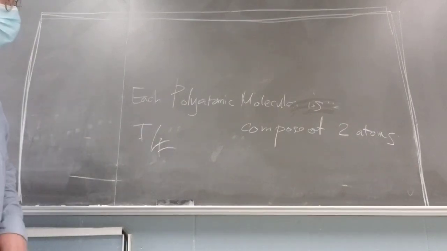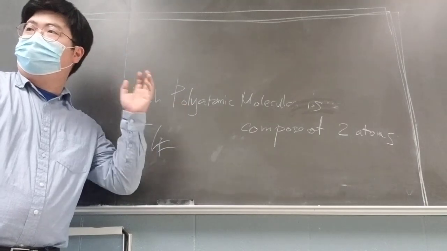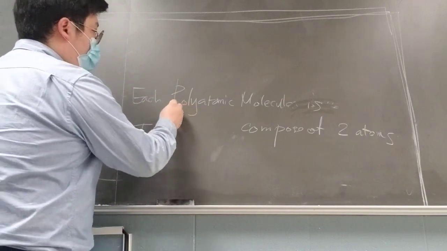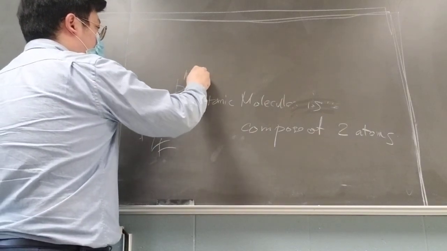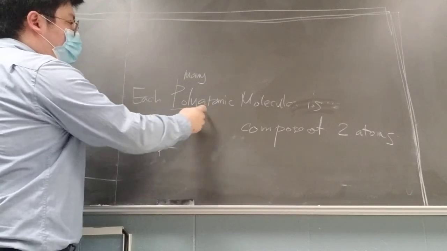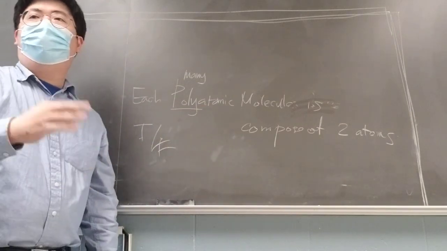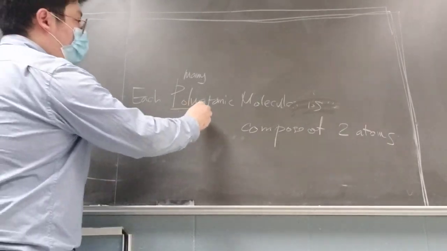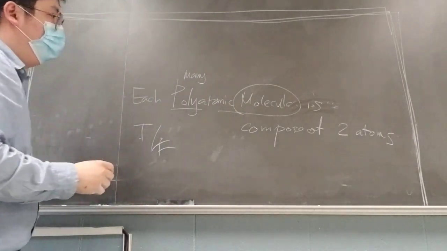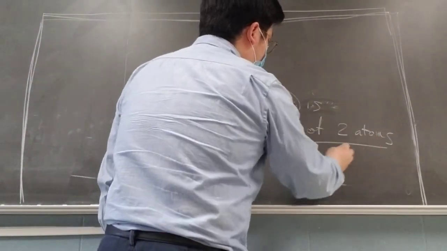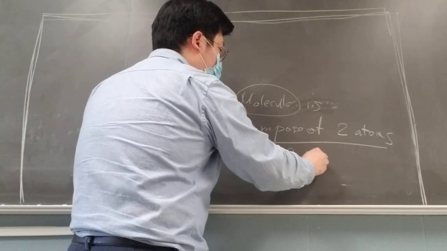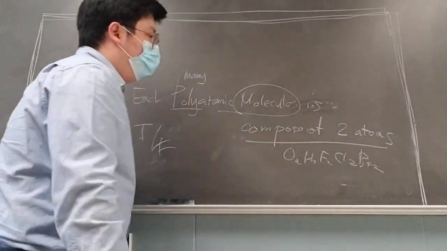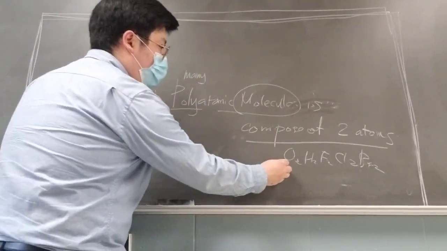Do you guys remember polyatomic anion we discussed in the nomenclature of the acid, oxy acid? So here's the thing. The poly means many. So polyatomic means more than 1, maybe 2, 3, 4, 5, 6, just some many numbers of something making one molecule. If it's made of two atoms, like we know O2, H2, F2, Br2, those are all diatomic molecules, which are made of two atoms.